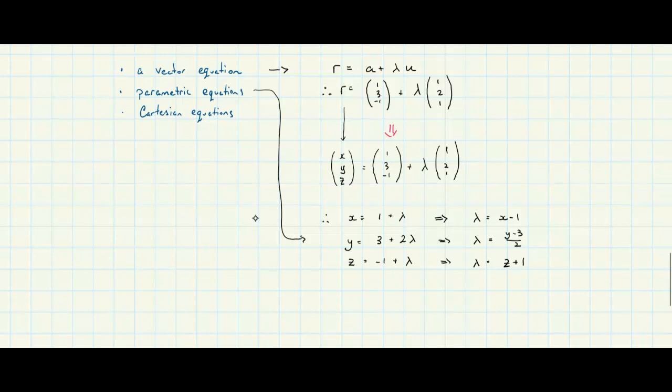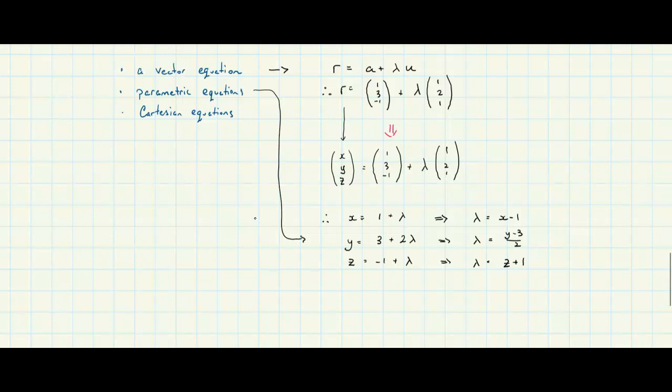When it comes to that final step of making lambda the subject, here I need to divide by 2, because in my direction vector, my y direction is 2. So I end up over 2. So you can see perhaps how this is peeling off.